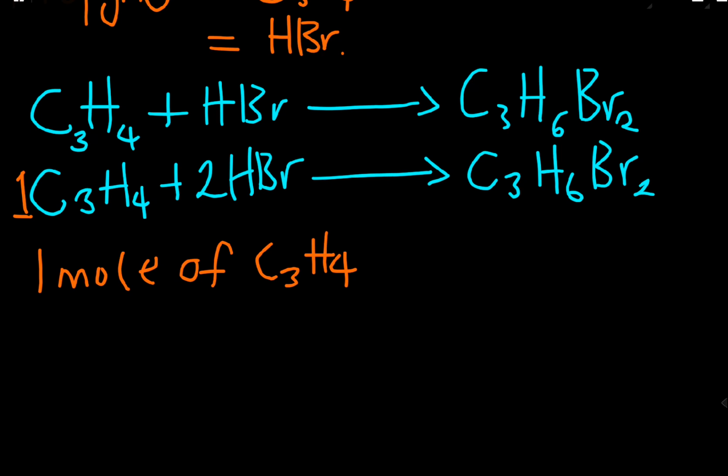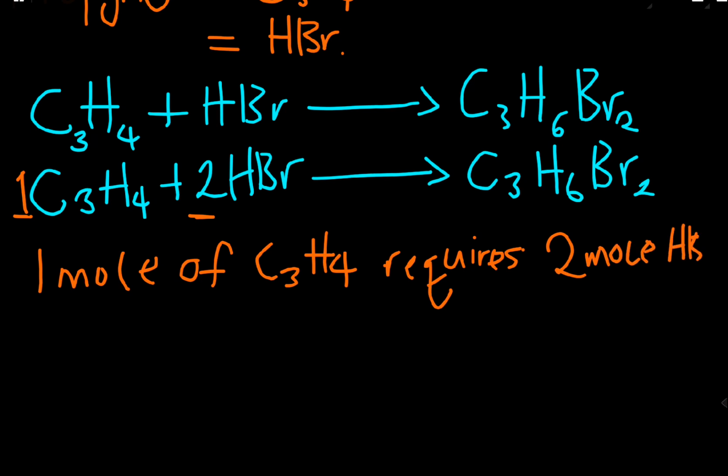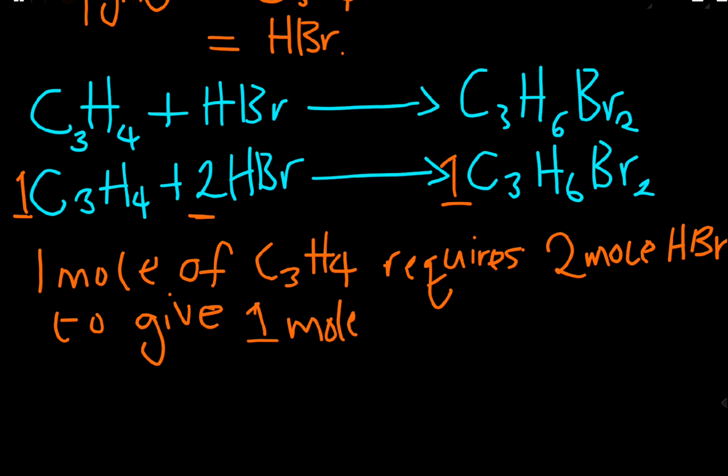Then we'd say requires 2 moles of hydrogen bromide, 2 moles of HBr, to give 1 mole, there's an invisible one here also, 1 mole of C3H6Br2. So next, we just interpret the chemical equation.